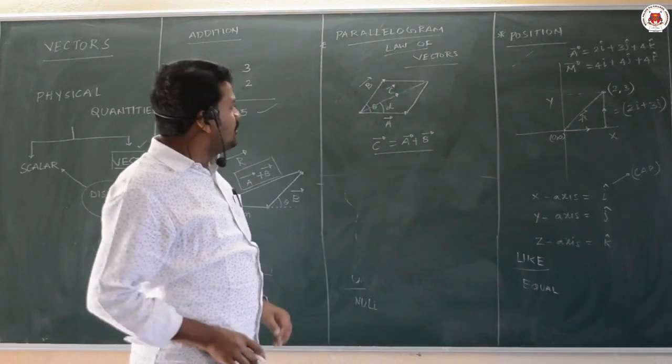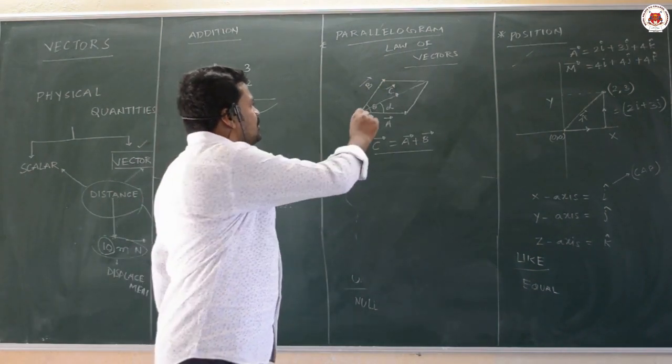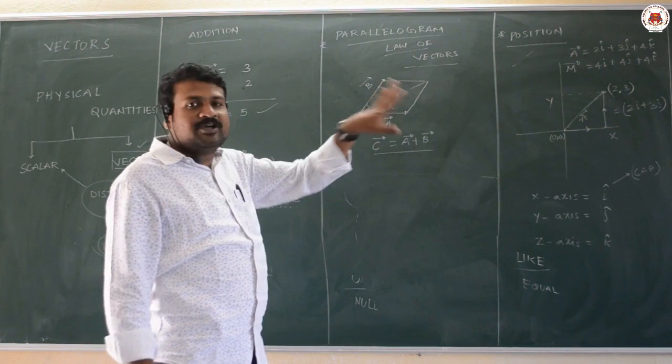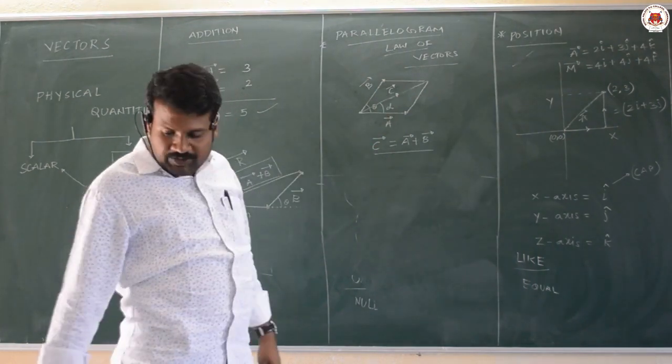That is the definition. That means here this C bar is the answer. When you are adding A and B, C is the answer. Now you have to derive one formula for that.